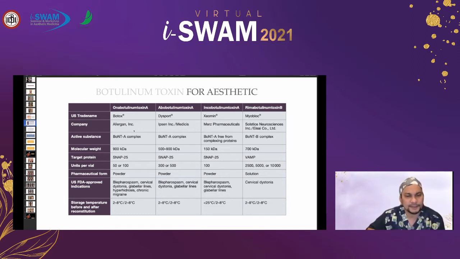But in my experience using almost all of those brands, it's quite similar in effect and dose, and all of them work for about 4 to 6 months. I don't see any brand that is much more powerful than the others. The most important thing is that you know how to use it, the composition and the right dilution for any kind of botulinum toxin brand.